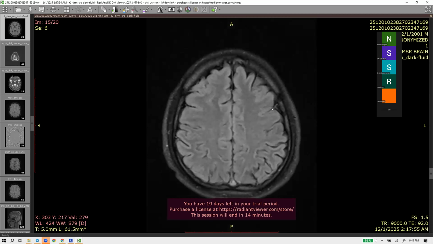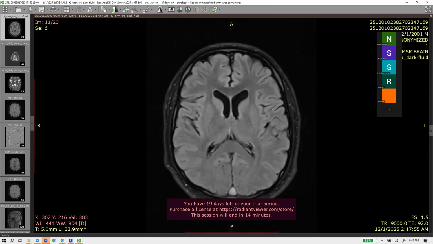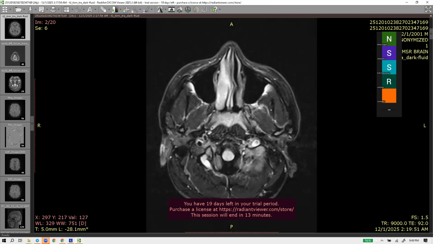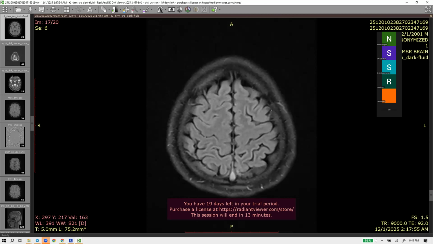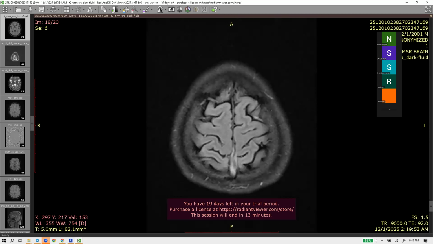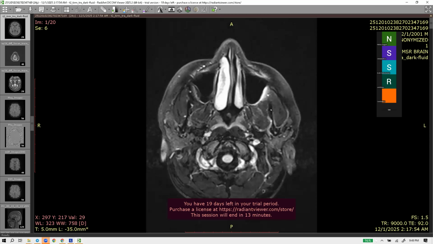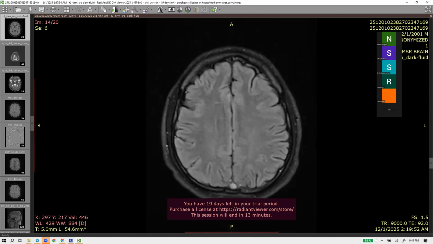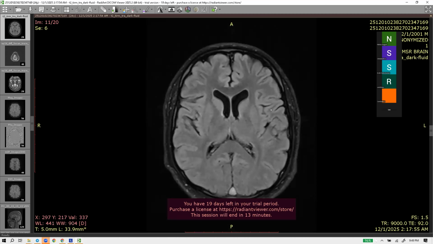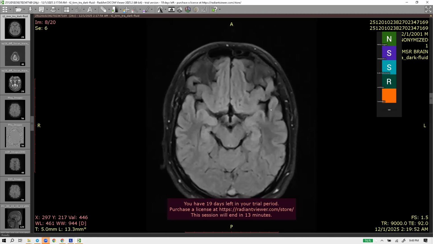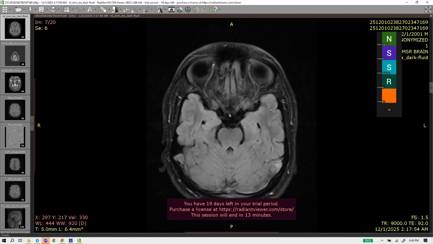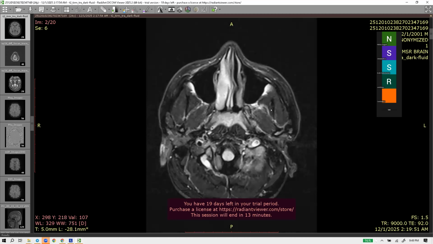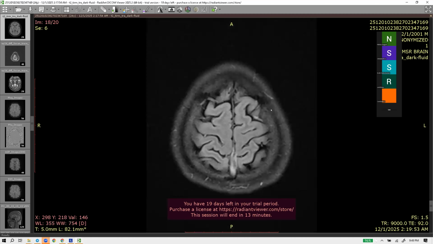Okay, so I can see there is no midline shift. I'm just going systematically, and there is no obvious abnormality up till now. So I'm just going to my review areas.